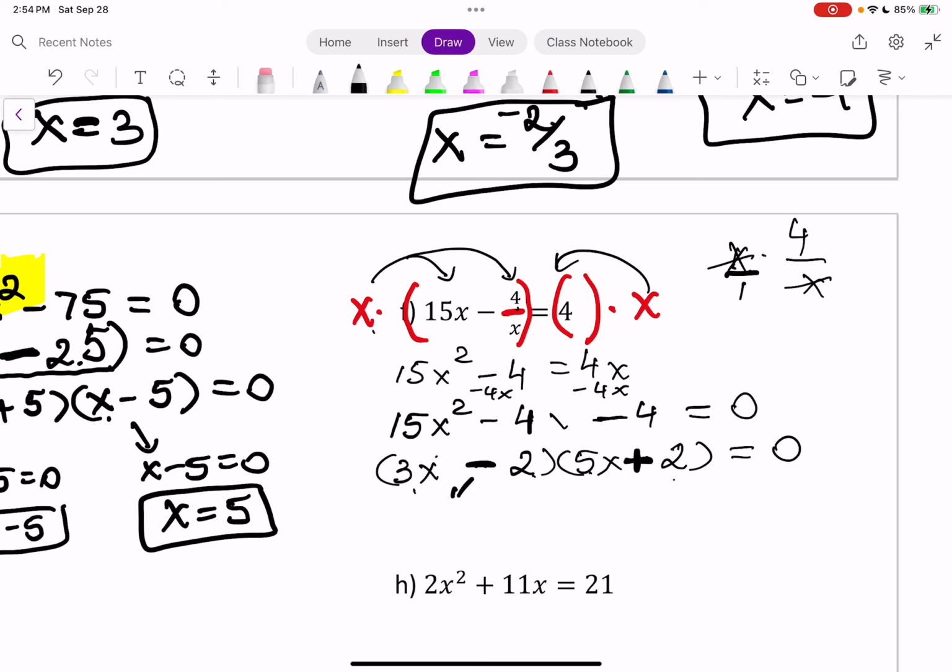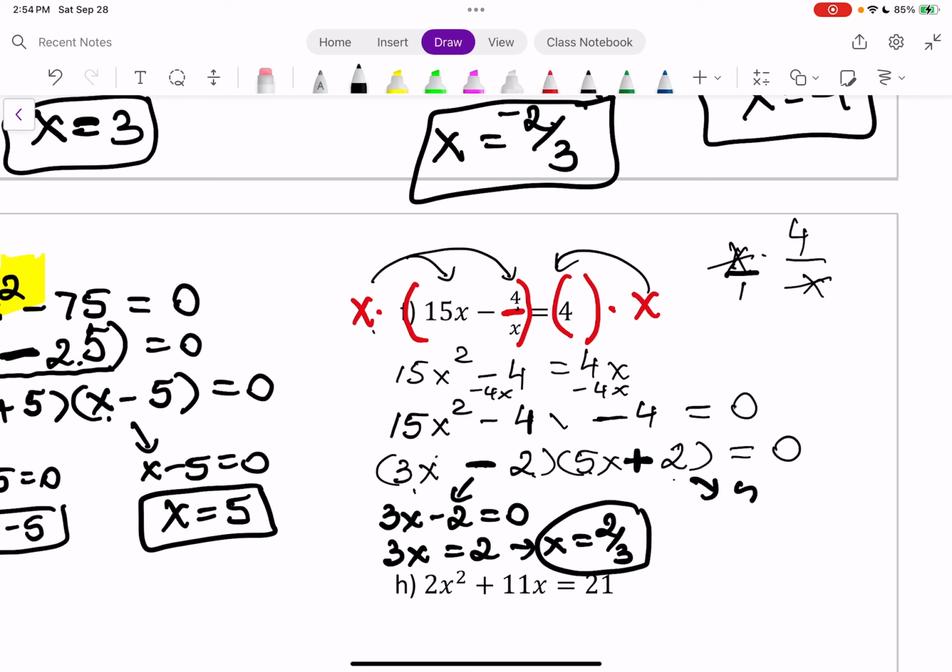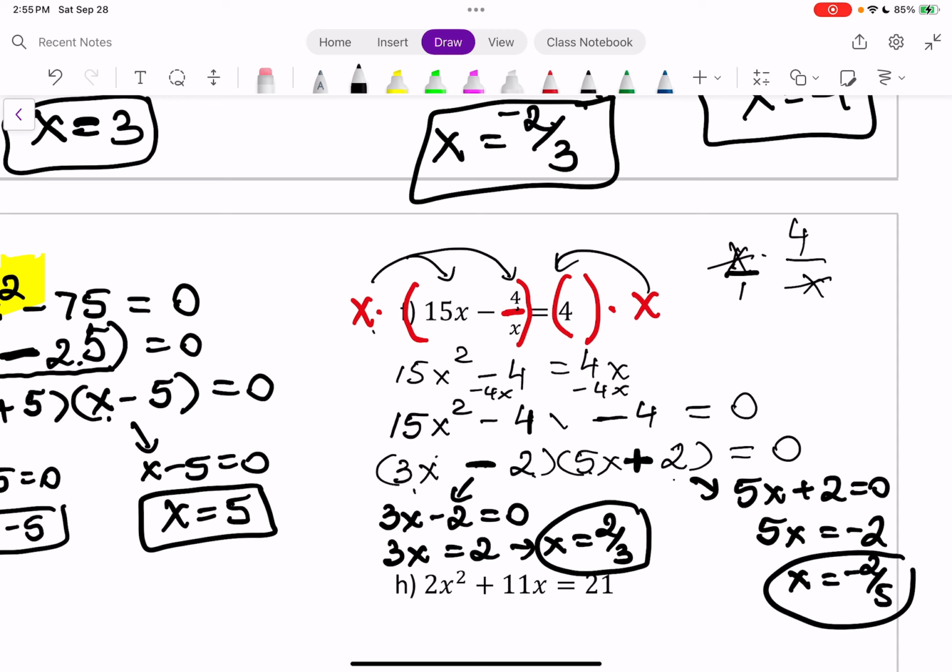If it doesn't work, swap the factors, swap the signs. See what else you could do to get the middle term. And then after this is a simple linear equation that we practiced already plenty on solving.